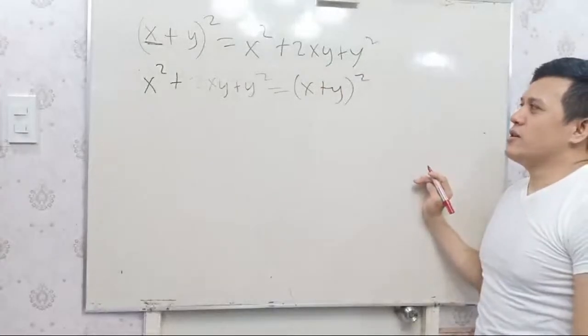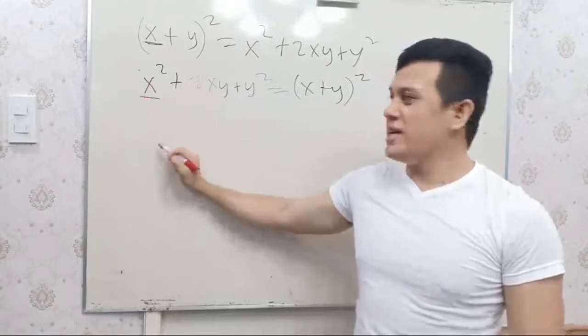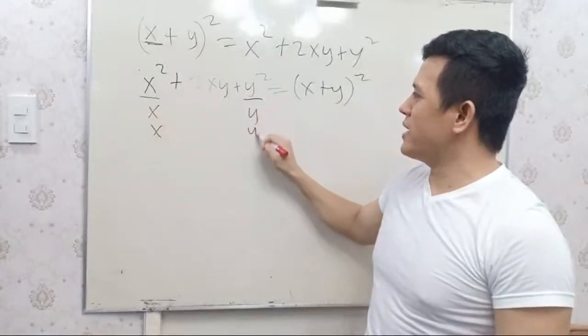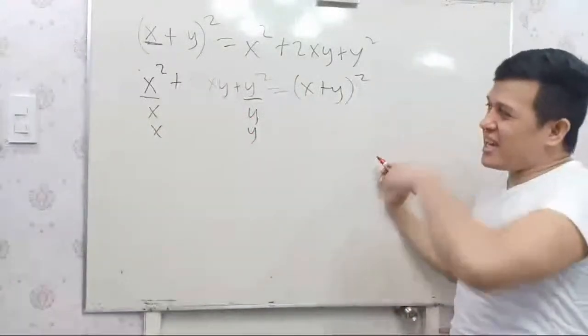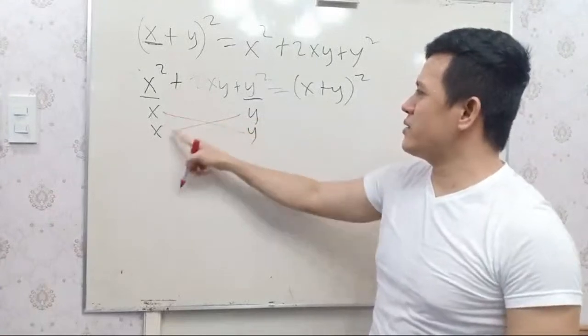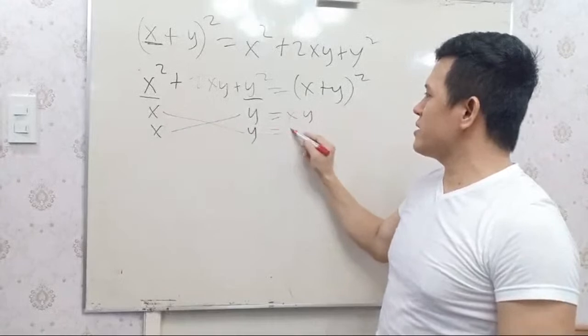Okay? So, ang gagawin lang natin, factor lang natin yung una, xx, and then factor natin yung last, yy. Okay? Now, and then, we're just going to multiply this one and that one. So, x times y, that we have xy. And then, x times y, that is also xy.